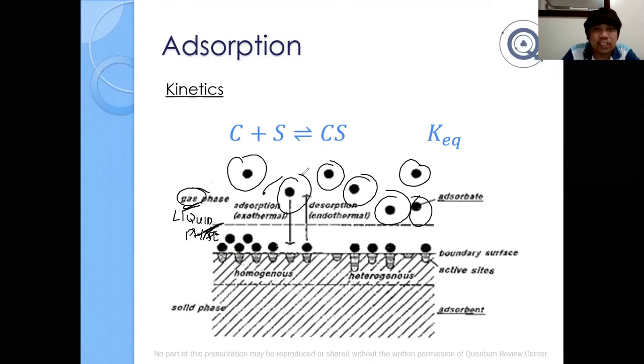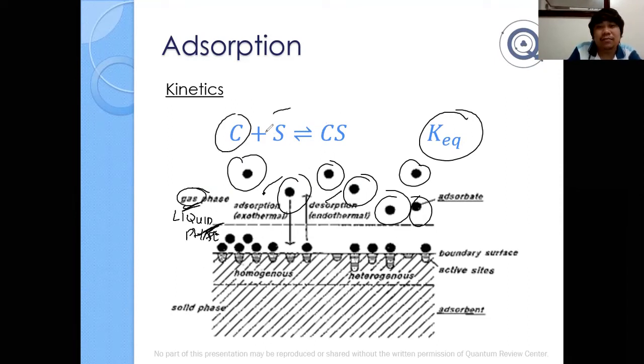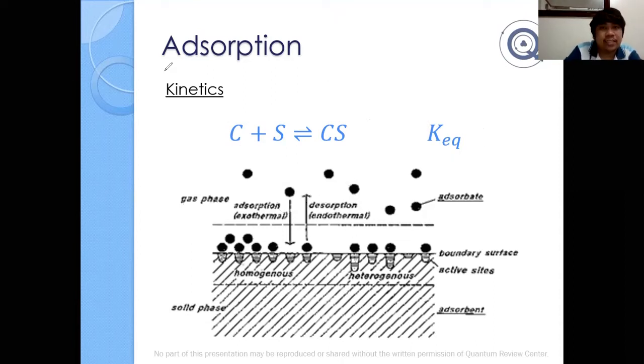The adsorption and desorption both happen. However, dapat mataas ang Keq such that mas madaming particles yung nag-adsorb kaysa nade-desorb. Alright. Next.